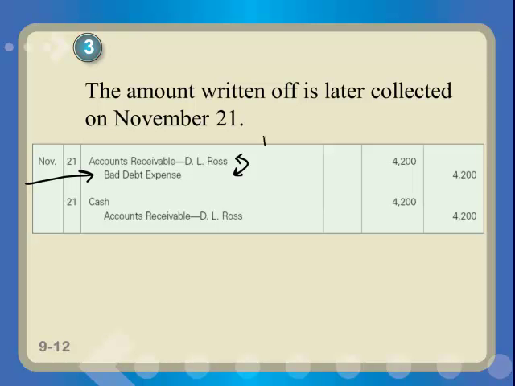This is called reinstating. Reinstate their accounts receivable so that when we post the cash, we have something to post it to. Okay, so their balance lasts for like 10 seconds until you post that cash payment. Okay, so you don't reinstate it until they pay you. So you get rid of the bad expense and then put the cash in.